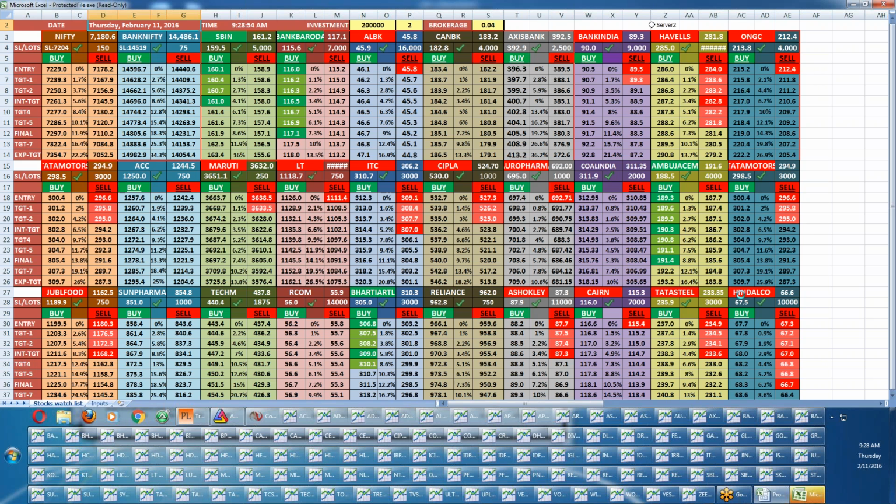We'll just change this. Hindalco, it's a gap down open, so we'll ignore that.